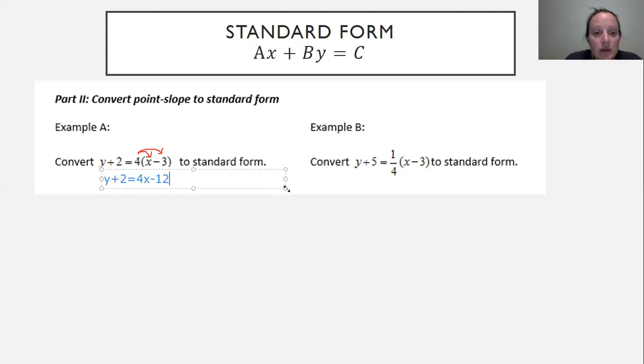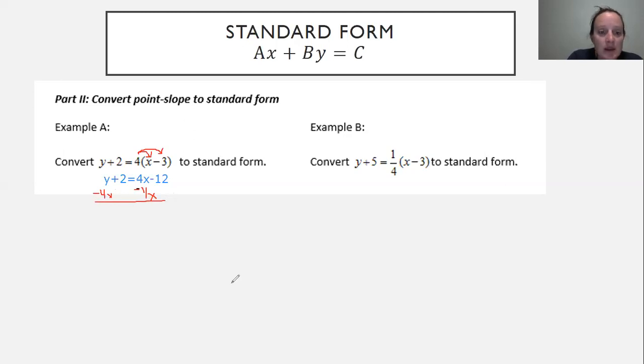Okay, so now what are you going to do? Well, we need all of our x's and y's on the same side. So I'm going to subtract 4x from each side, and I'm going to always try to do this in red. When I subtract 4x from each side, I can't combine the 4x with anything on the left side because they're not like terms.